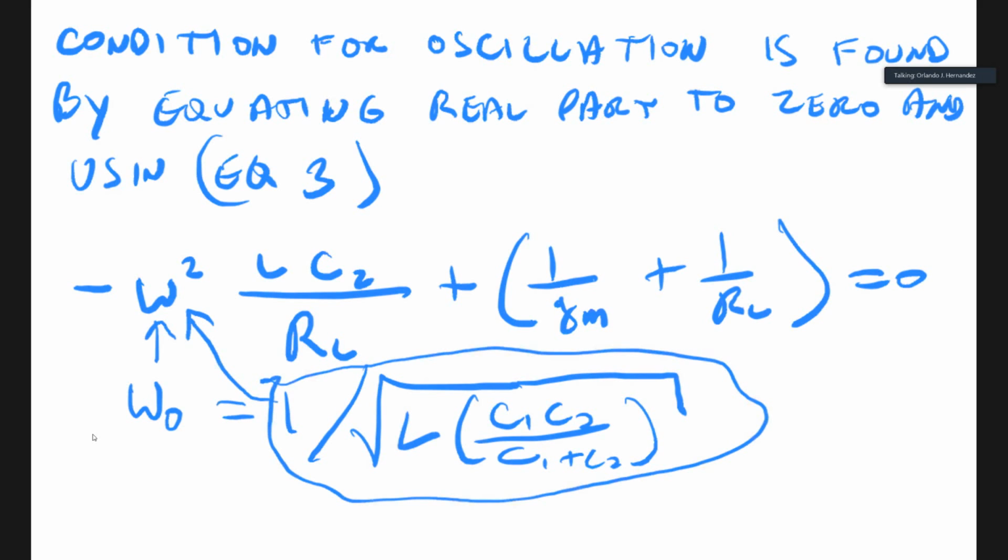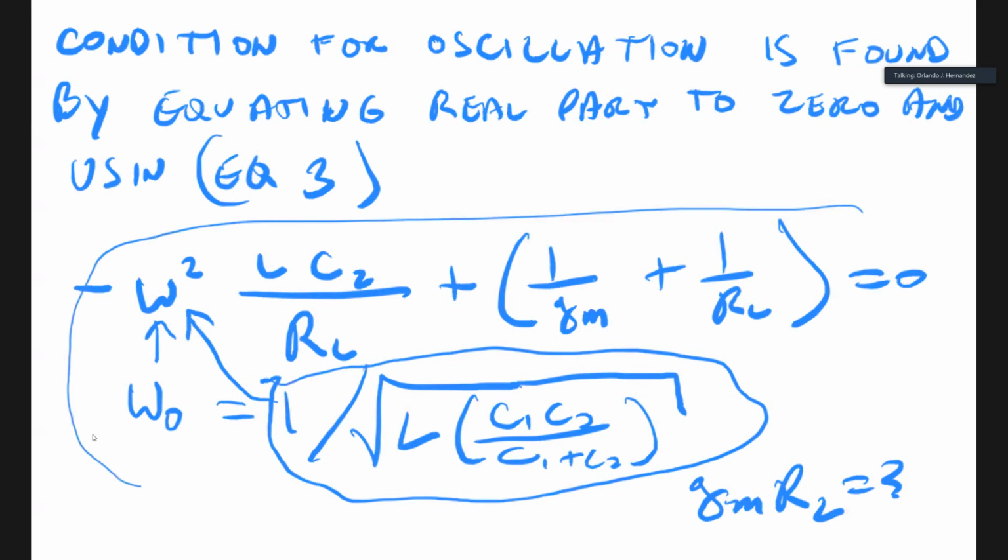and then all I have is an expression that includes the components, and if I solve for the gain, which is specified by the problem as GM times RL, I need to isolate GM times RL.